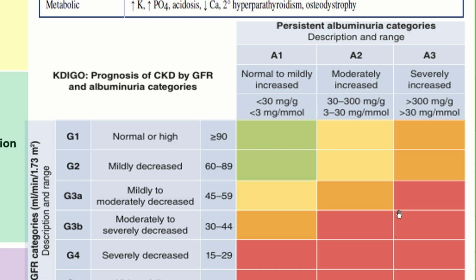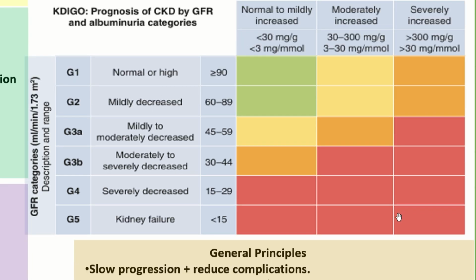Then we can have mildly decreased, which is 89 to 60. Then mildly to moderately decreased, which is G3A, that is 45 to 59. You have G3B, which is moderately to severely decreased, and that is a glomerular filtration rate around 30 to 44.